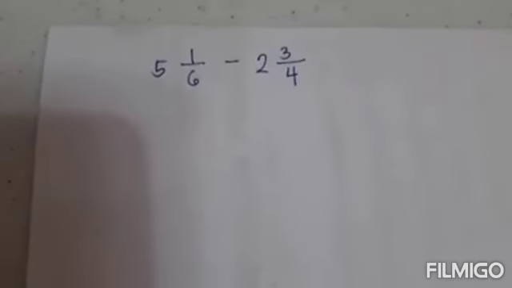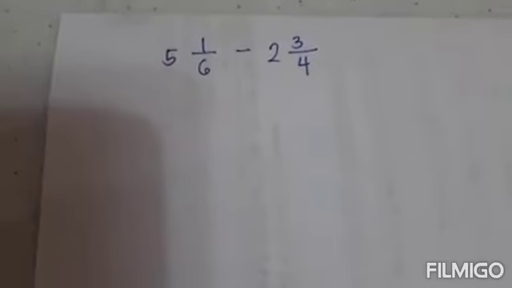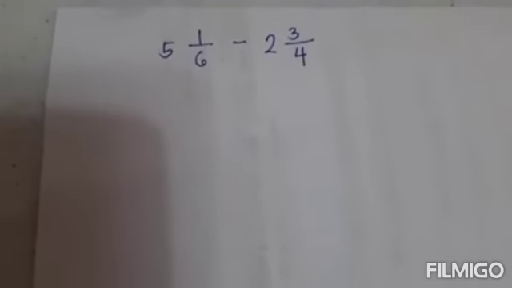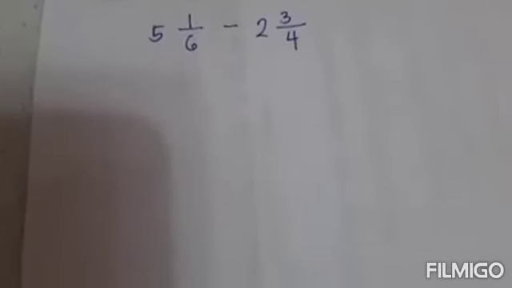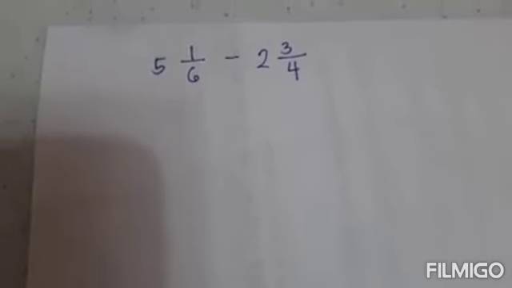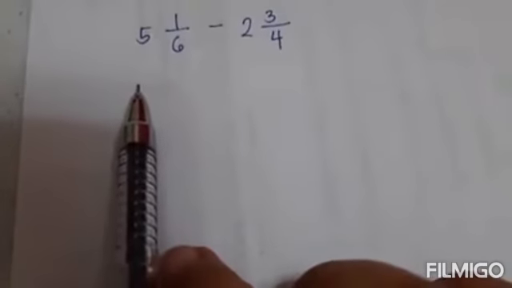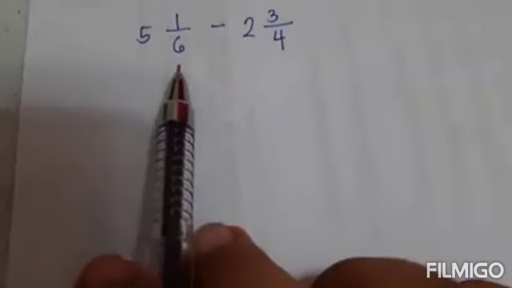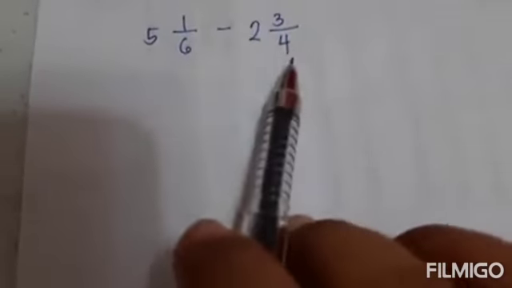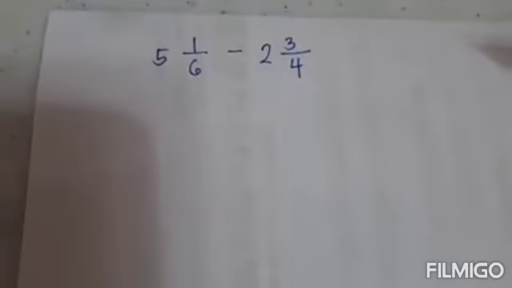How about if we are subtracting fractions or mixed numbers like this, 5 1/6 minus 2 3/4. When you are subtracting fractions, you have to examine first the denominators. Still they are different denominators, so we need to convert them to similar fractions. Copy the whole number again.